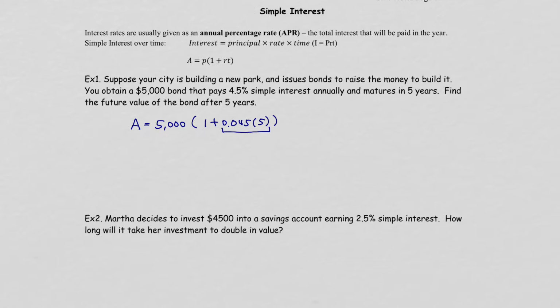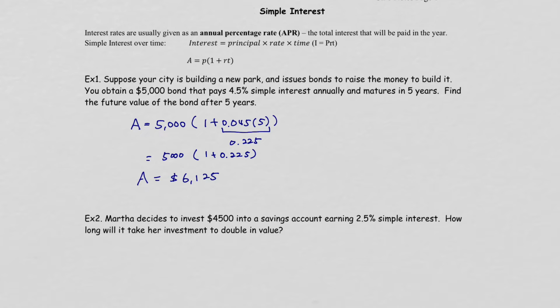So when you multiply these two numbers, you get 0.225. When you add it to 1, you get 5,000 times 1 plus 0.225, which is 1.225 multiplied by 5,000. You will get 6,125. And that's going to be the total amount.